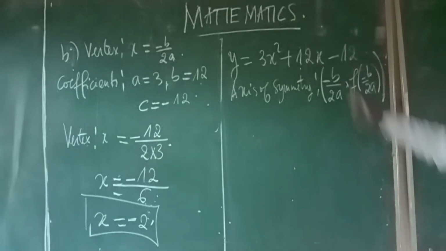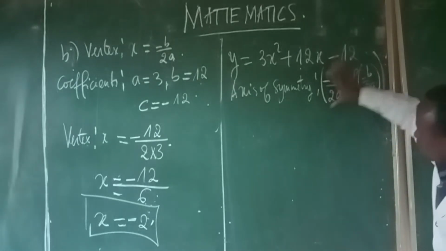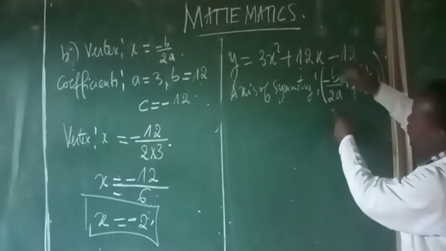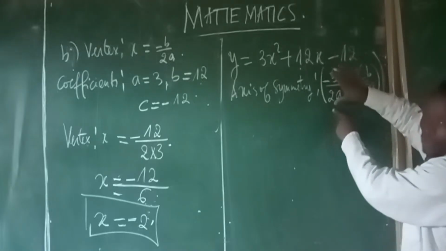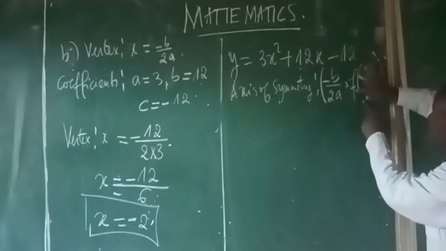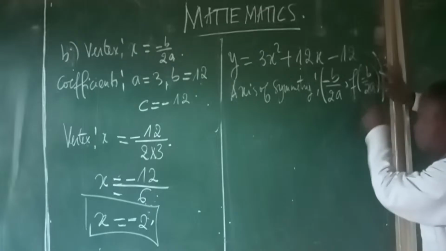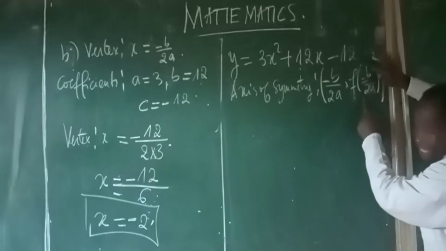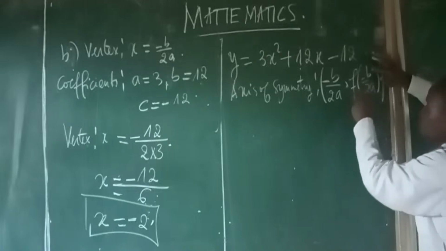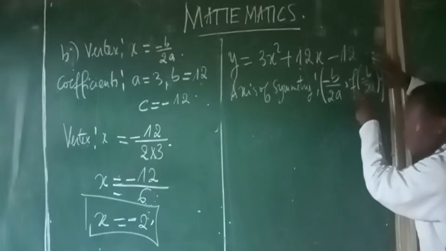So you see, what you have seen when we are substituting a number from this formula is what we are going to write here as an x. But about here, you see you have f of minus b over 2a. It means you have to take that vertex and substitute it into our given quadratic formula. Let me repeat again.